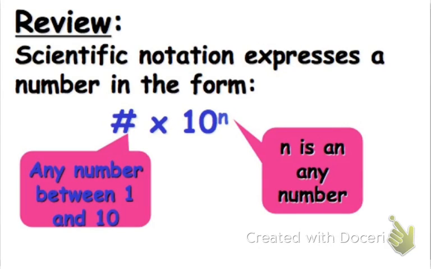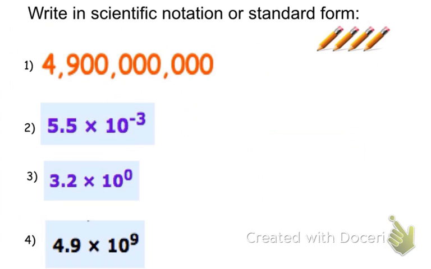Scientific notation expresses a number in the form of a coefficient times 10 to some power. So when we were looking at some examples where we're either going from scientific notation to standard form or standard form to scientific notation, when the number is expanded, such as in example 1, we are in standard form.